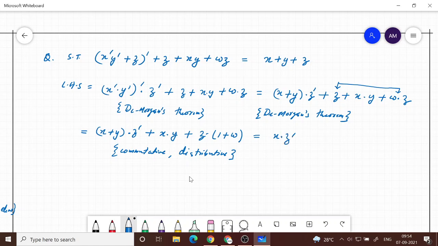X dot z dash plus y dot z dash plus x dot y plus z. So I think this was theorem 2 and identity element.